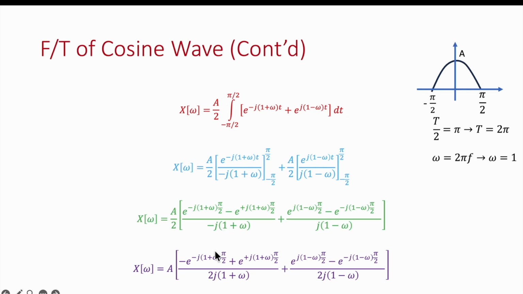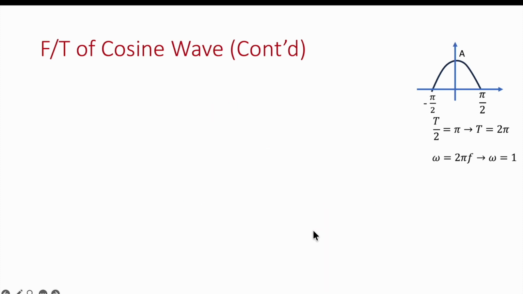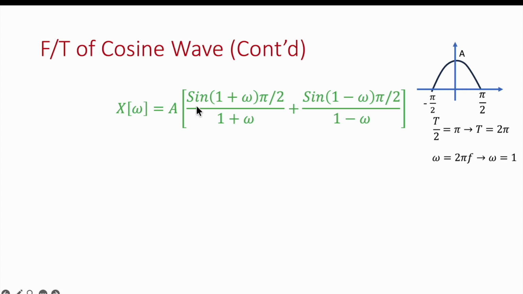So this minus stays minus, and this minus multiplied by this minus becomes positive. Similarly this 2 is multiplied by that 2.